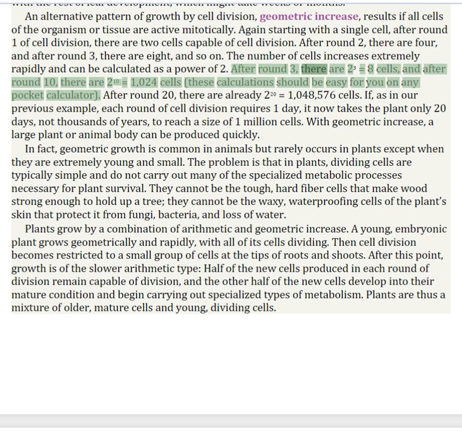After round 3, there are 2^3 equals 8 cells, and after round 10, there are 2^10 equals 1024 cells.